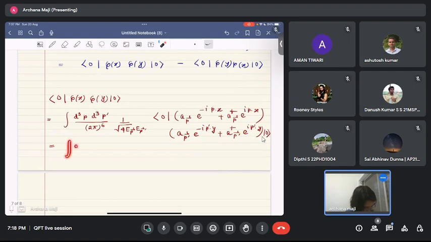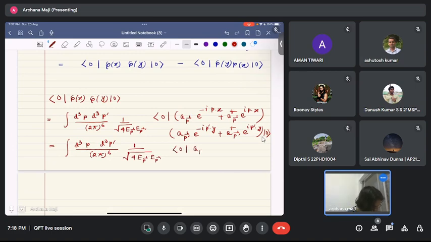So this is over 2 pi to the power 6, A dagger p prime exponential of minus i p dot x plus i p prime dot y.